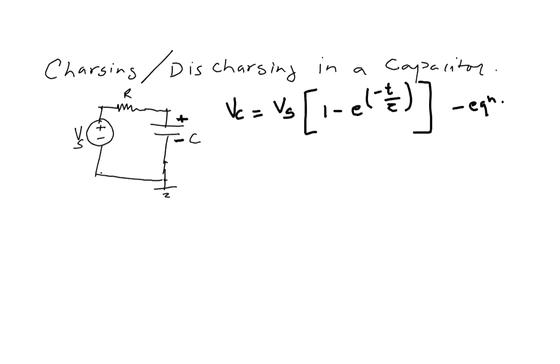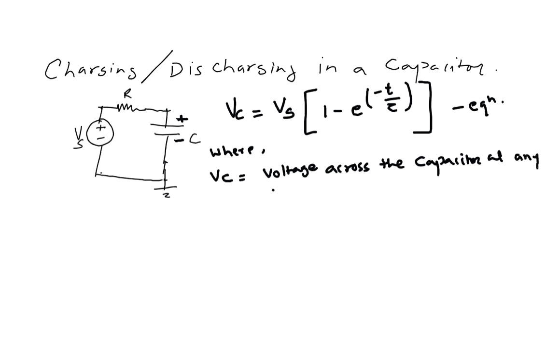So we can say that where Vc is the voltage across the capacitor at any instant in time t.